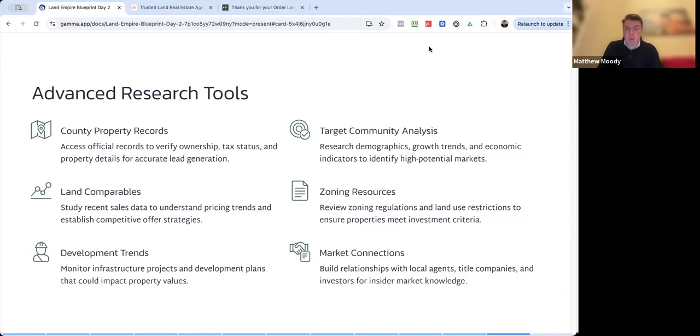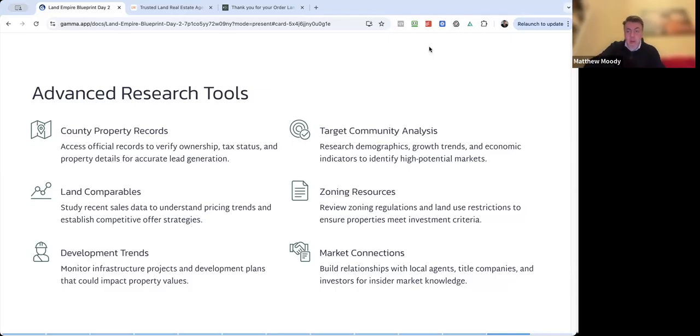And there are more research tools that you can use, lots and lots. So I just want to pick on a few, and then Frank, maybe you can pick up on some of the others that I haven't mentioned. So county property records. Every county has what's known as a GIS system, and you can access this and get additional levels of detail that don't necessarily always come through on LandWatch, for instance.